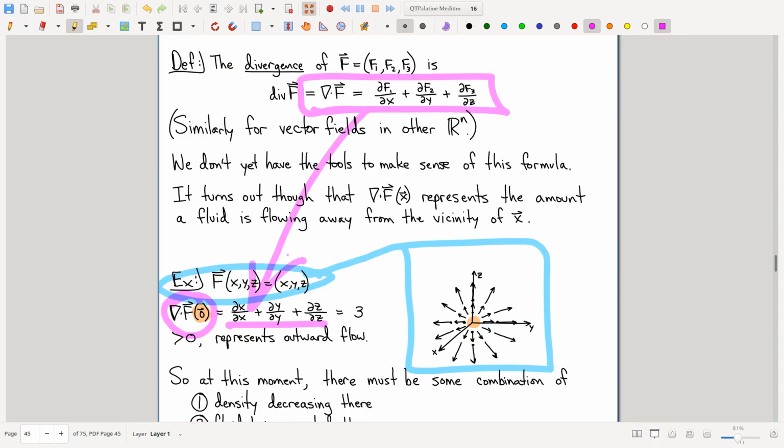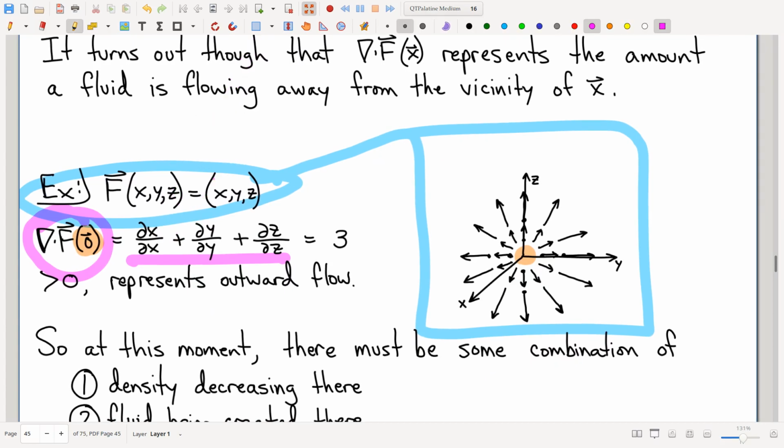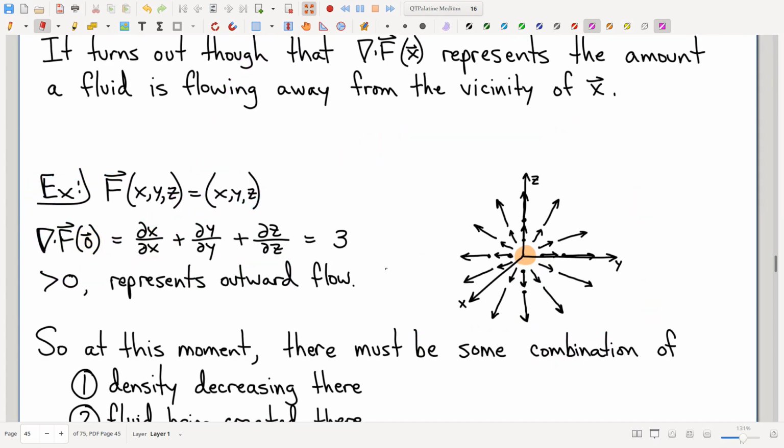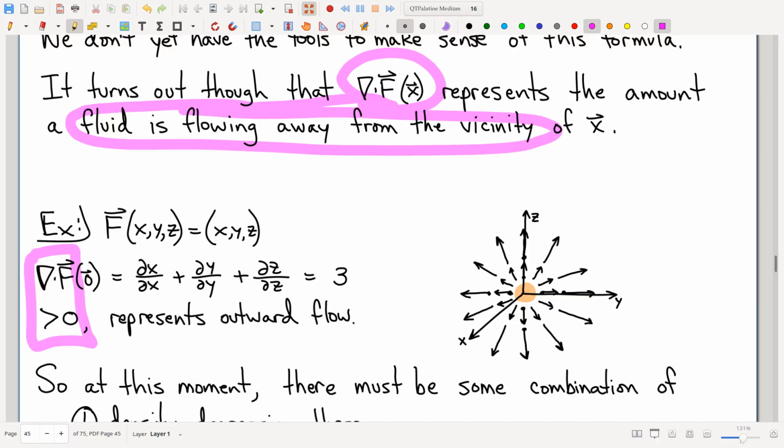And our punchline is that the divergence is positive. At this point, we computed it, it's 3, it's positive. So keeping in mind our interpretation of divergence, it represents fluid flowing away from where we're looking.